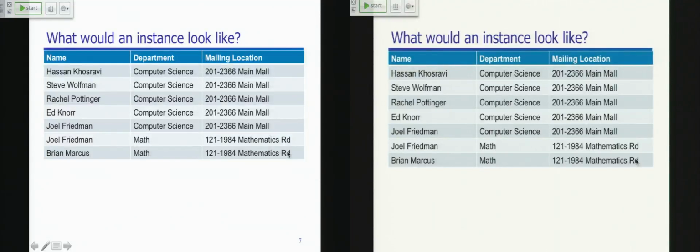Okay, so there are a variety of reasons why this design is not really a good design. And let's see algorithmically whether we can come up with reasons why this is not a good design. Any questions?